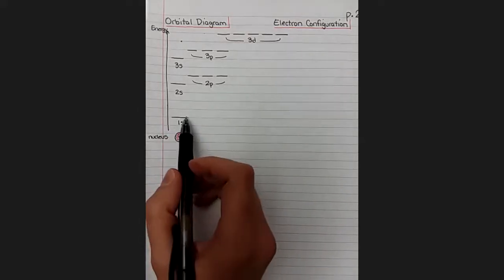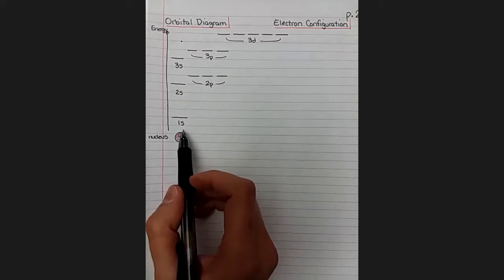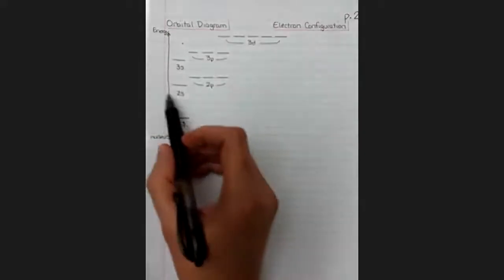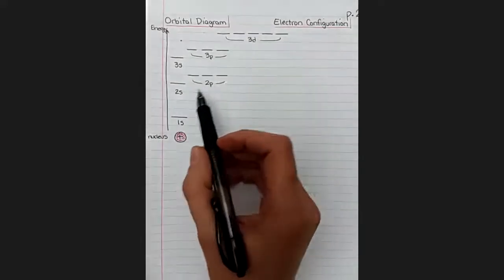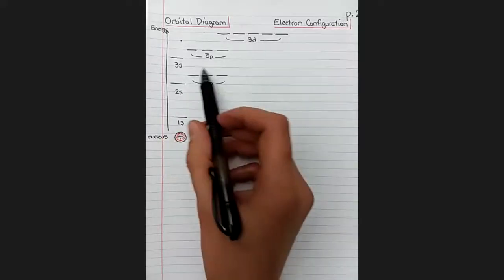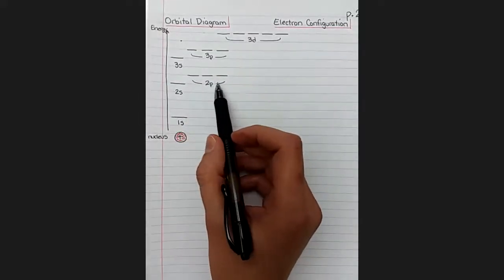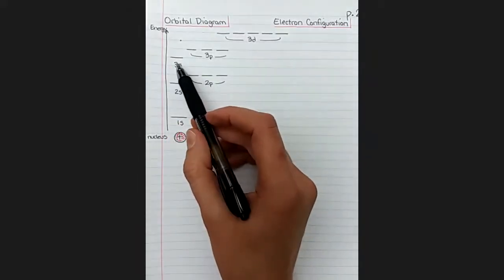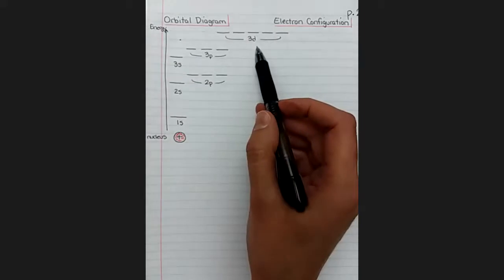Remember that the principal quantum number 1 only has 1 subshell, the s. Principal quantum number 2 has 2 subshells, the s subshell, which has 1 orbital, and the p subshell, which has 3 orbitals. Here is the n equals 3 principal quantum number. The third shell has 3 different subshells.